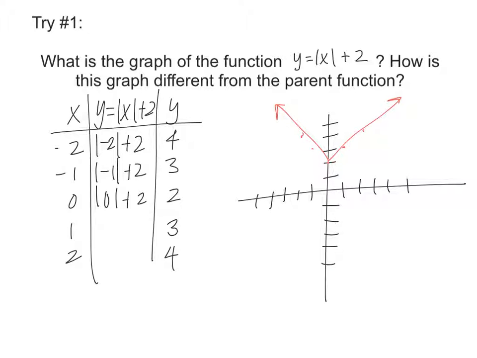Kind of missed that second one quite a bit. But again, what you should notice is how is it different? It was translated, or you can say shifted, up 2 units. And I know it's 2 because I can see it from the equation.